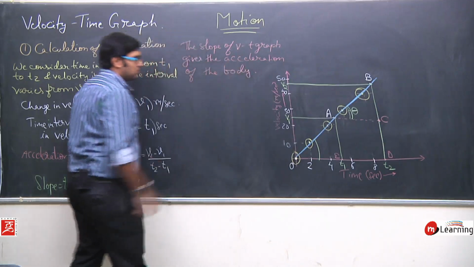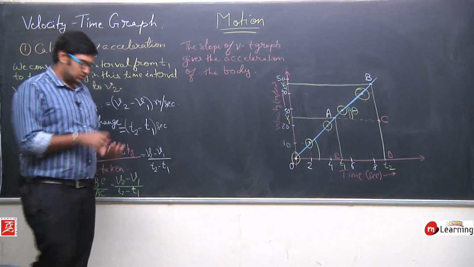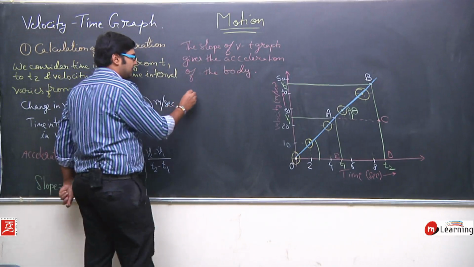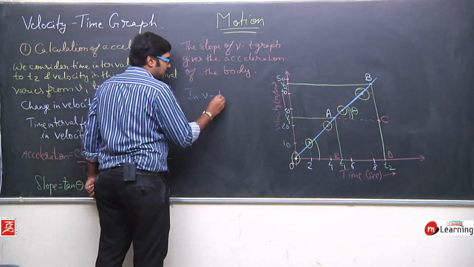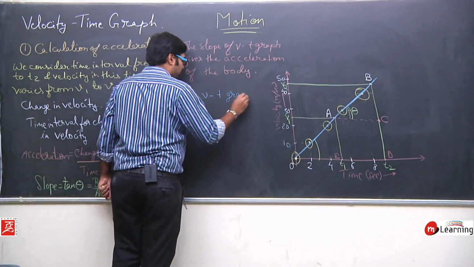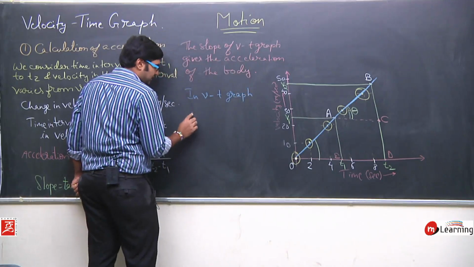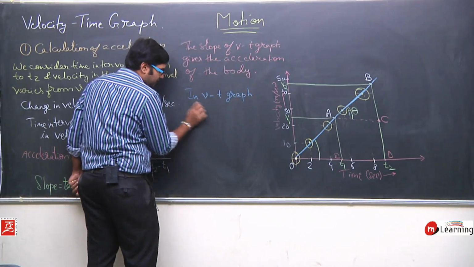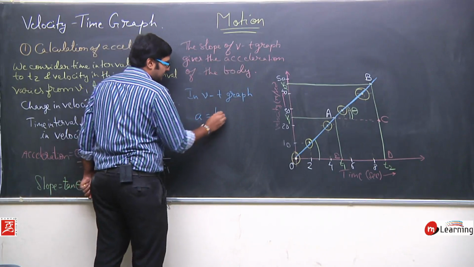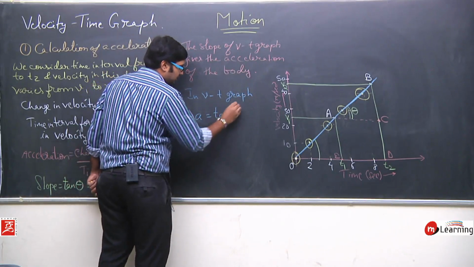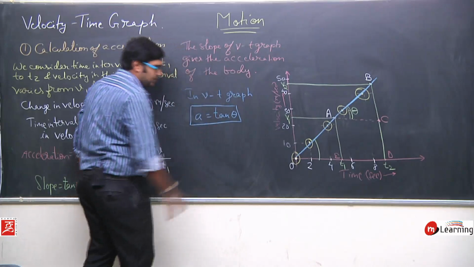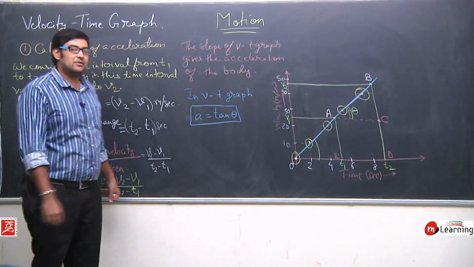So the slope, that is tan theta, in the case of the velocity time graph, we can write acceleration is equal to tan theta. Just recall what we studied in the distance time graph.